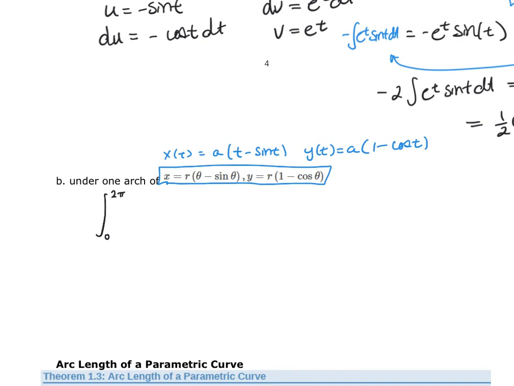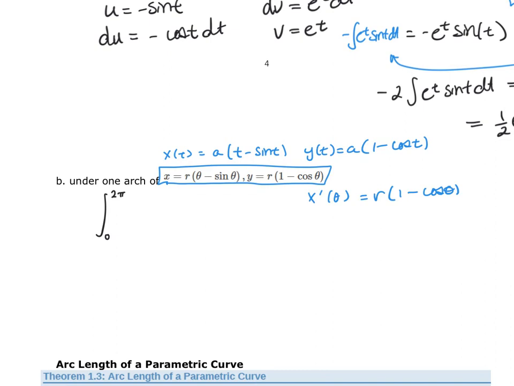Anyways, we need to find x prime. X prime of theta is going to be the r. R is just a constant, and then the variable is theta, so the derivative of theta is 1, and then minus the derivative of sine of theta, which is going to be the cosine of theta.